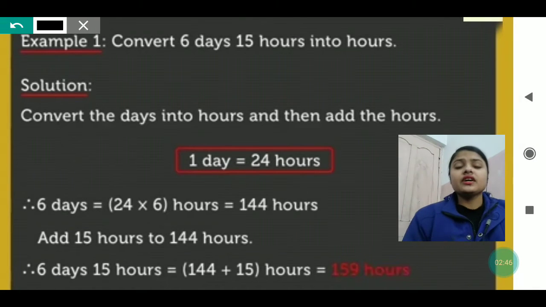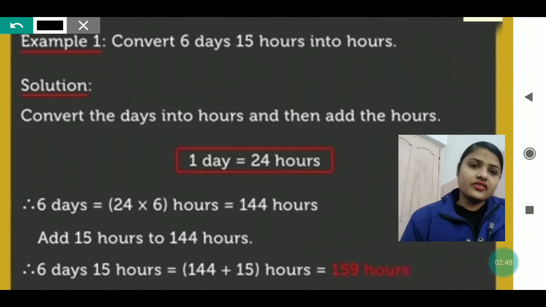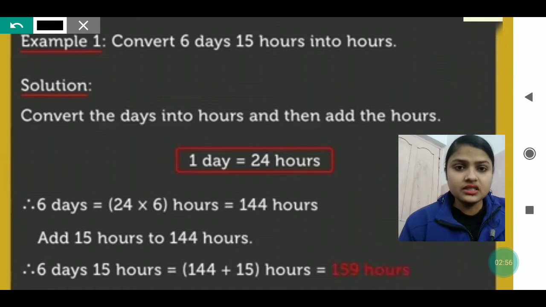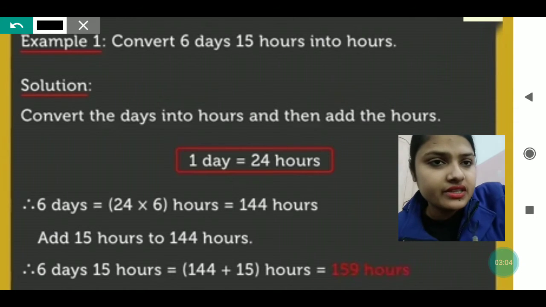See this question. Convert 6 days 15 hours into hours. Convert the days into hours and then add the hours. One day is equal to 24 hours, so 6 days will be equal to 6 into 24, that is 144 hours. Add 15 hours because 15 hours is given.